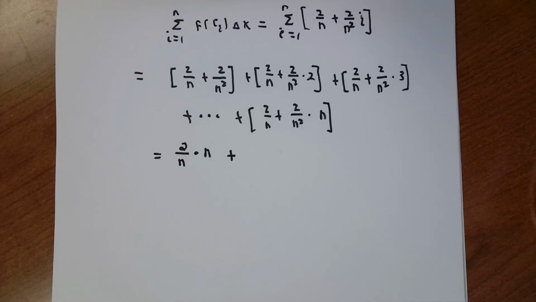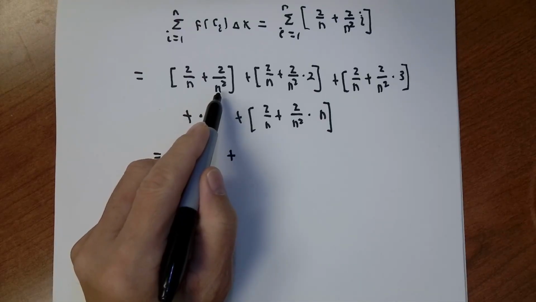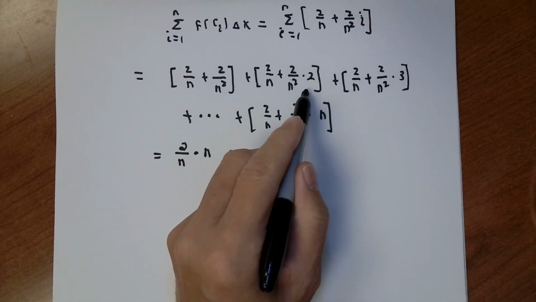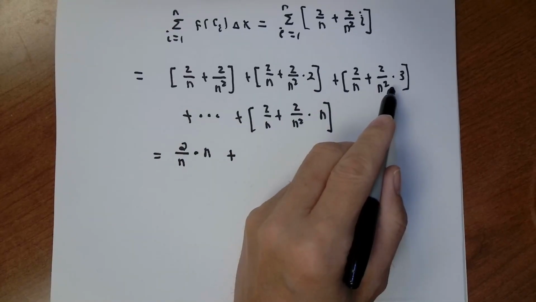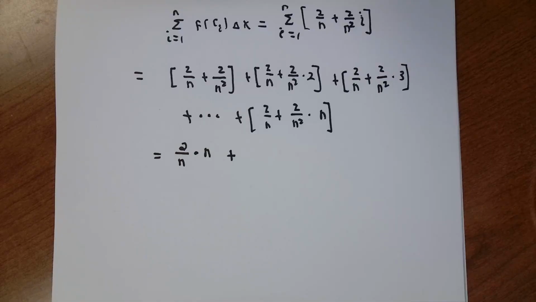In the other terms, there's a 2 over n squared, which I could think of as 2 over n squared times 1. I'll have a 2 over n squared times 2, 2 over n squared times 3, all the way out to 2 over n squared times n.